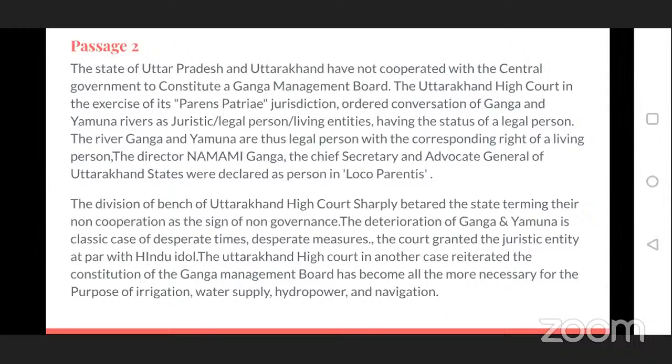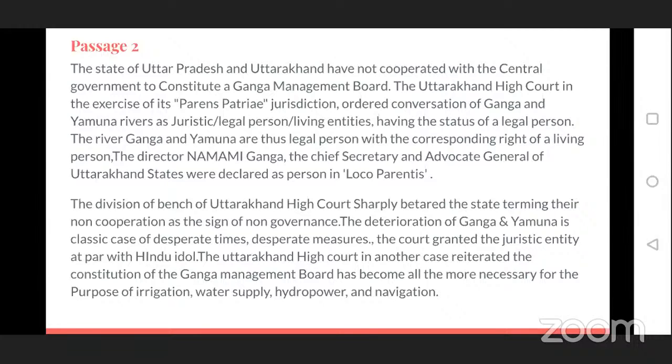The decision of the bench of Uttarakhand High Court sharply berated the state, terming their non-cooperation as the sign of non-governance. The deterioration of the Ganga and Yamuna is a classic case of desperate measures, the court granted the juristic entity status at par with the Hindu idols.